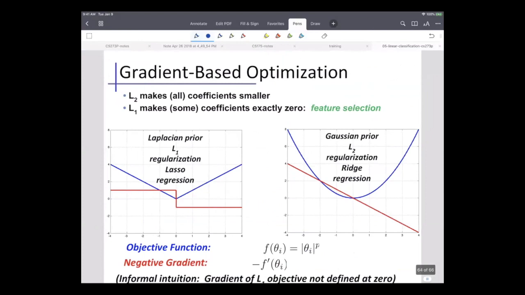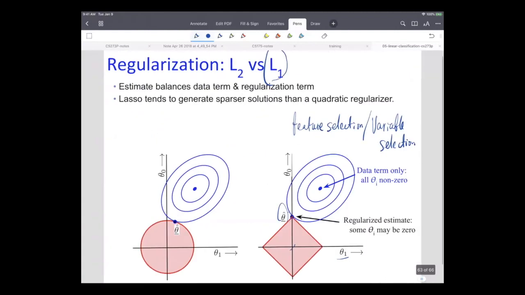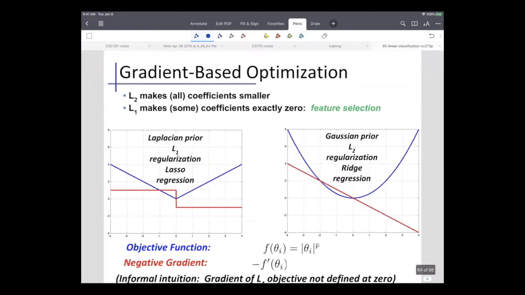How do you optimize this? You can apply a gradient-based methodology. In general, if it's the L2 function, it's smooth and you can calculate the gradient very easily. But if it's the L1 norm, there's a non-differentiable point, which can create some problems for the algorithm.